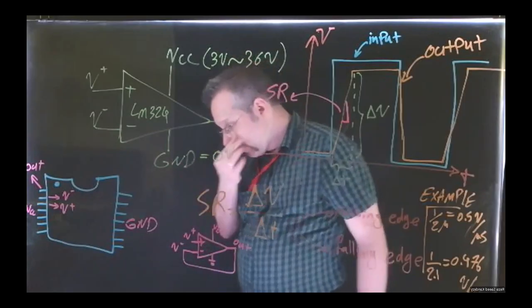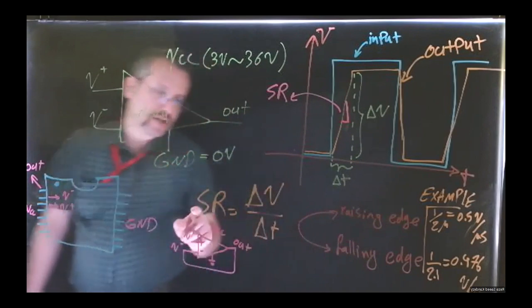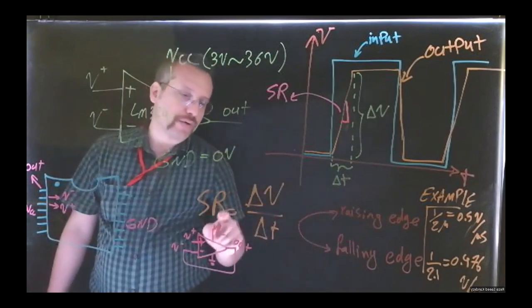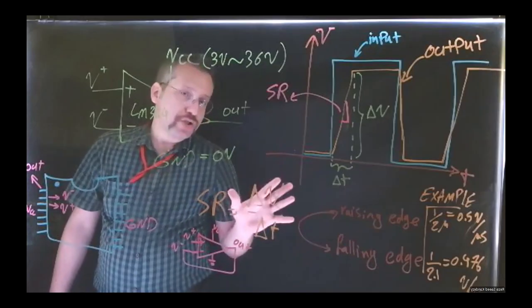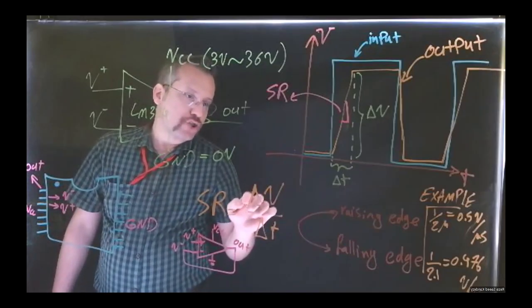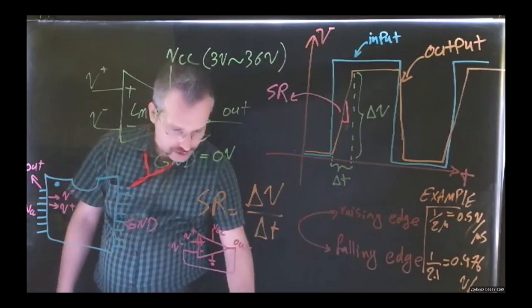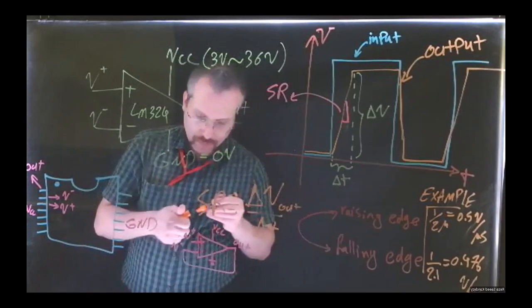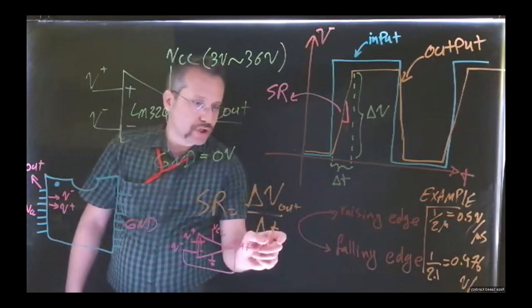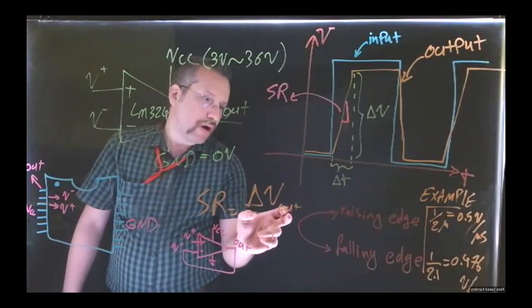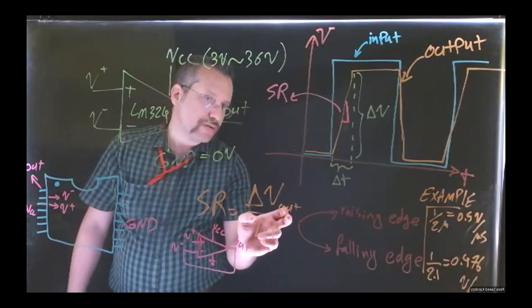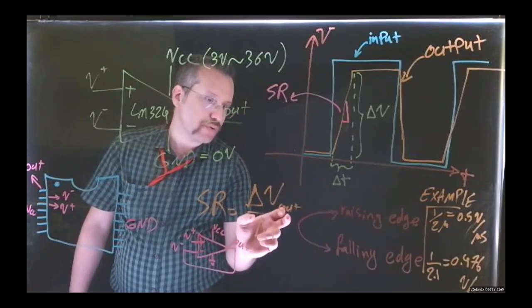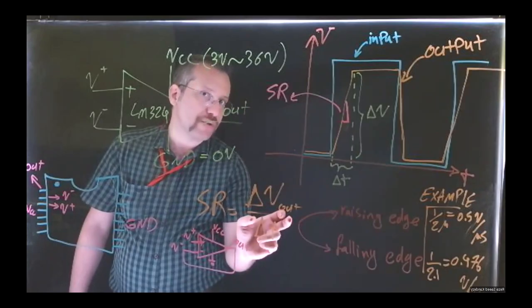Now, we want to calculate the SR, the slew rate, which is defined based on the change in the output voltage divided by the time that the op-amp takes to actually make that change in the voltage.